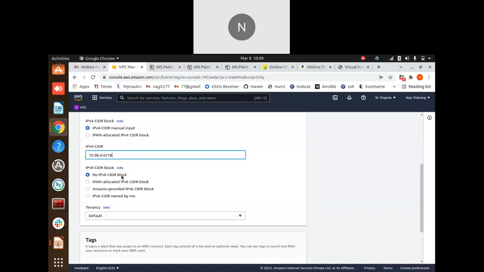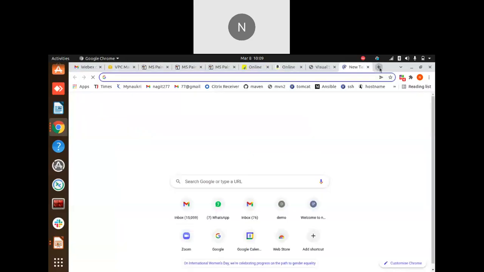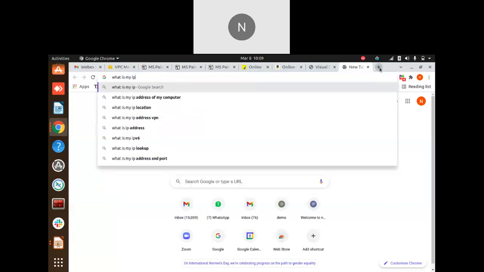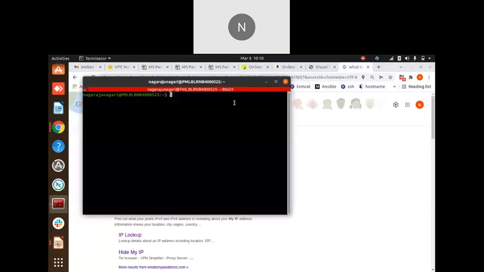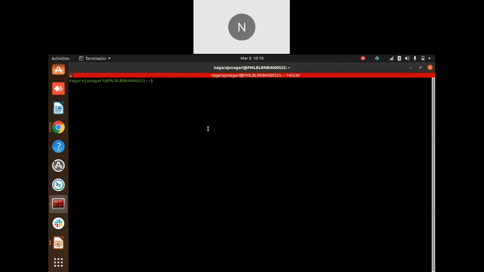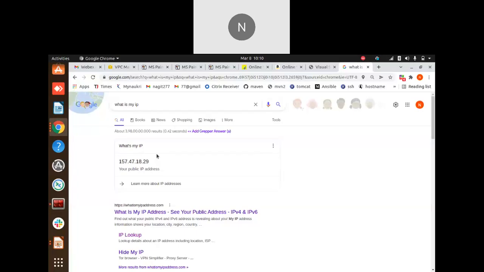IPv4 has four octets: the first, second, third, fourth, right? IPv6 is different, where the number of IPs and servers has increased, so they come into IPv6.